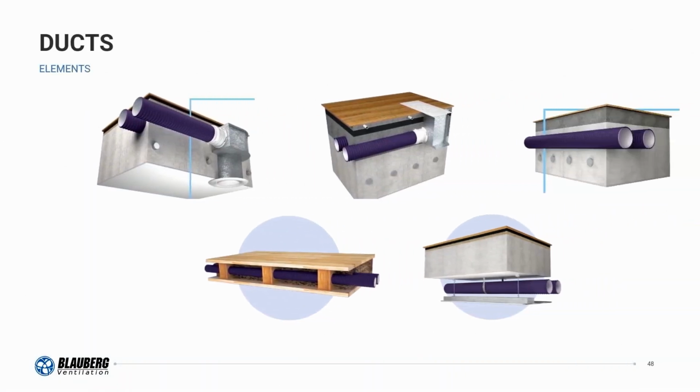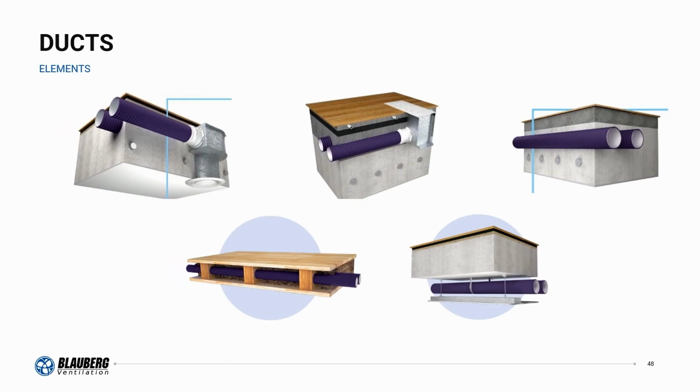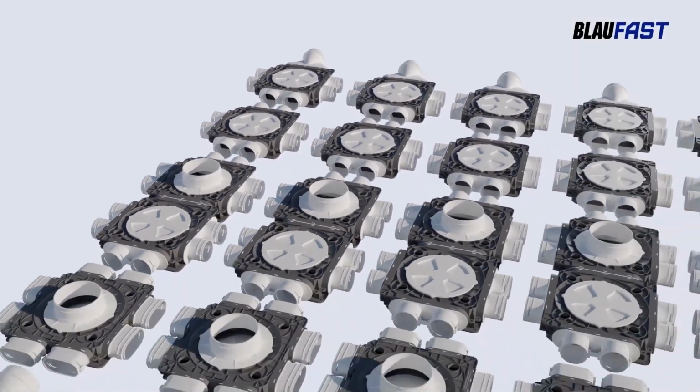Thanks to the robust outer layer, ducts can be installed in concrete slabs, wooden structures, or behind suspended ceilings. Distribution boxes enable air distribution across the ducts.